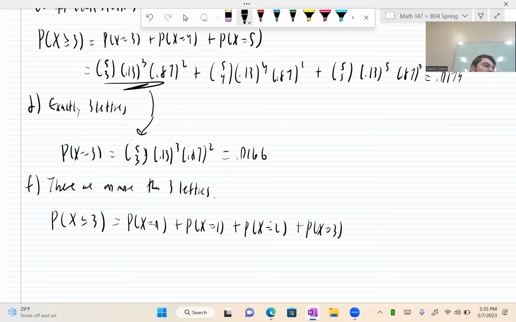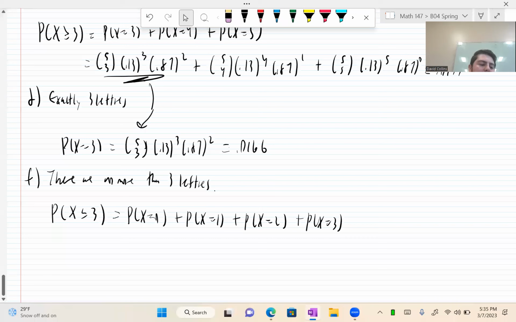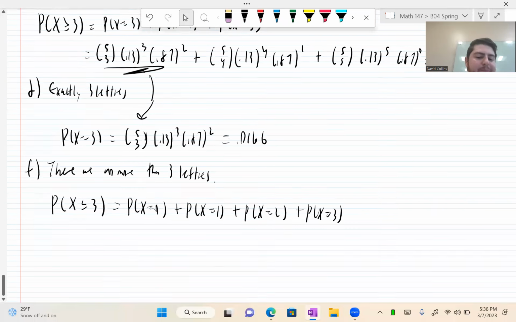Since they are independent, we don't have to subtract off all of that. Because they're independent, we can just do the easier addition rule.